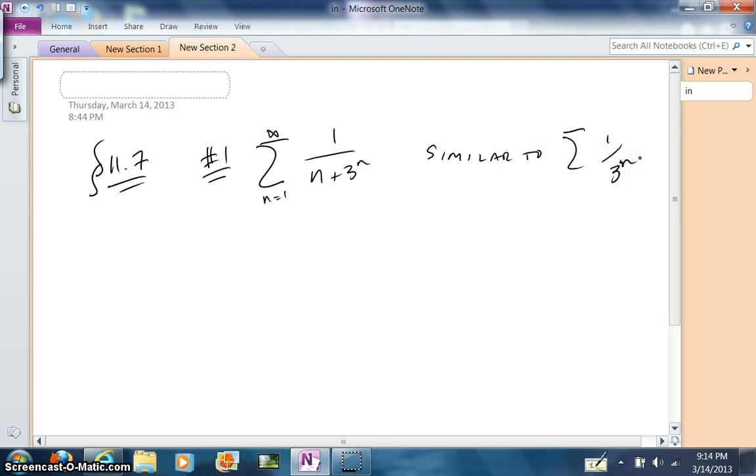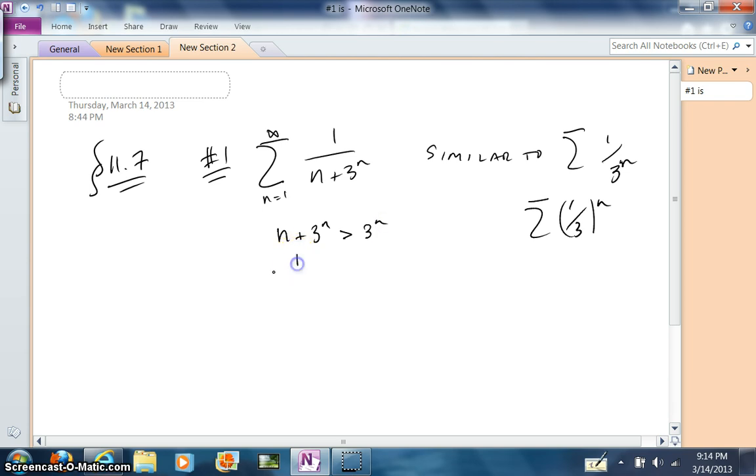Okay, and that's also written as (1/3) to the n, which is a geometric series. So that converges. Now I'm thinking that this converges. Now, can I compare them? Sure. Let's do n plus 3 to the n. That's definitely greater than 3 to the n.